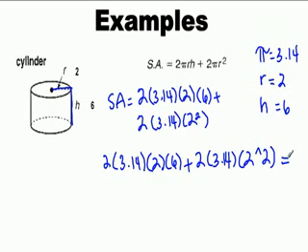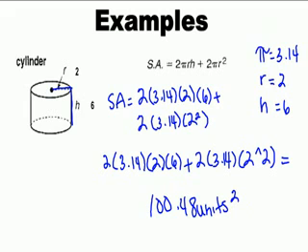So let's do that on your calculator. 2 times 3.14 times 2 times 6 plus 2 times 3.14 times 2 caret 2. And you should get 100.48, and we're going to say units squared.